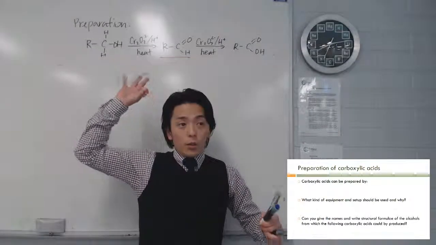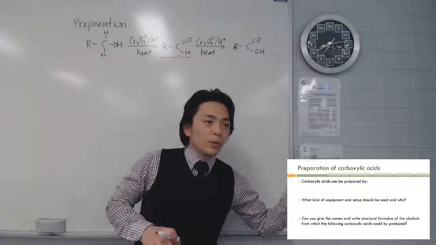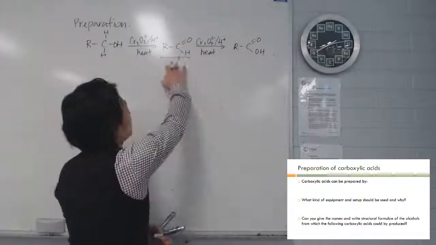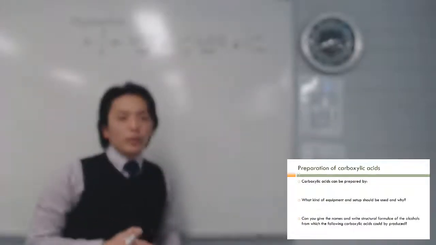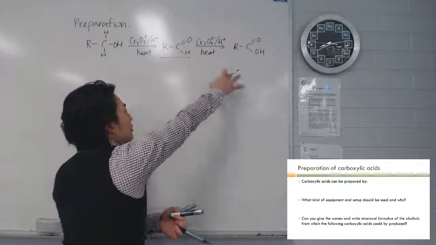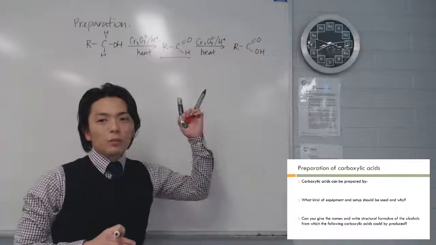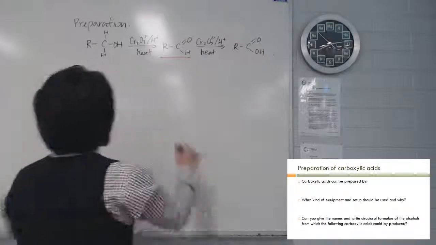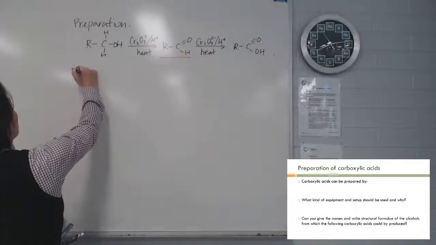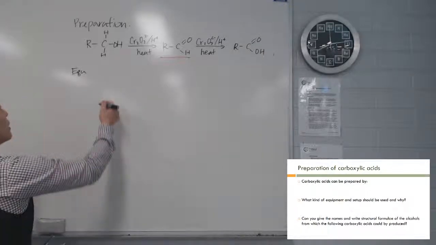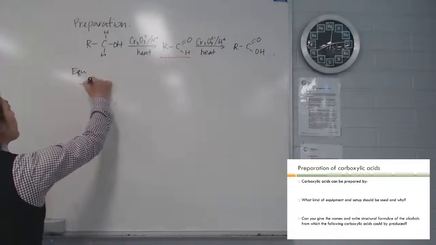If it doesn't contain OH hydroxyl group, hydrogen bonding won't be present, so that would boil off fairly quickly. But if you are trying to create carboxylic acid, you want to keep that earlier. So the equipment that you have to use would be firstly reflux setup.